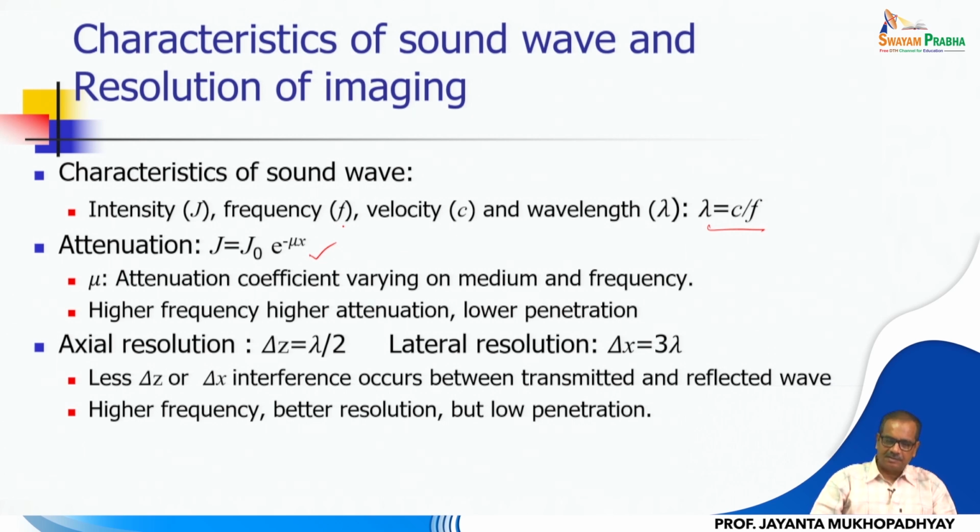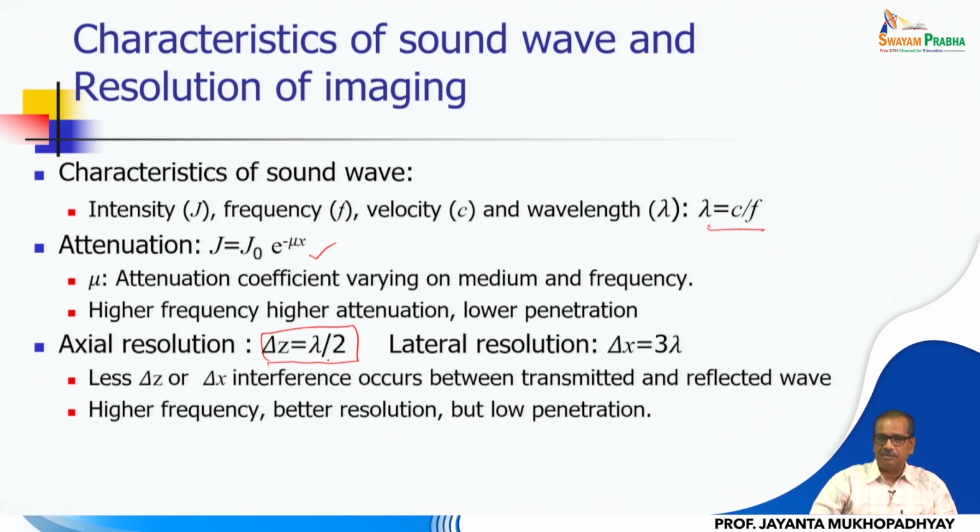But the resolution will be better for higher frequency because your wavelength is small. The axial resolution will be better because it is lambda by 2, so the smaller wavelength means the reflected waves' interference will be less.